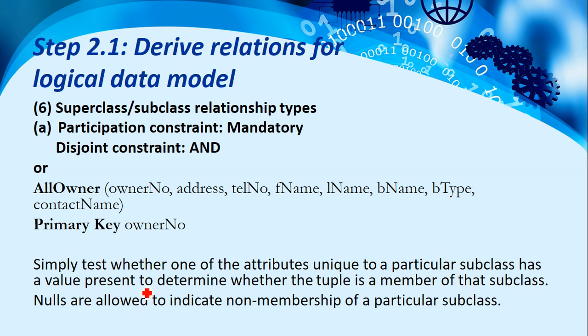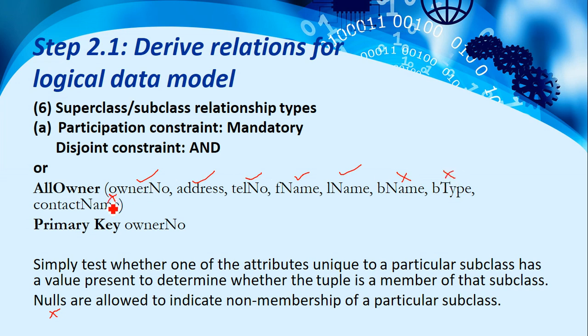Okay? So, for example, mahirap magsulat. Let us represent null as x para mas madali, no? Let's say for example, ito may value, ito may value, ito may value, ito null, ito null, ito null.